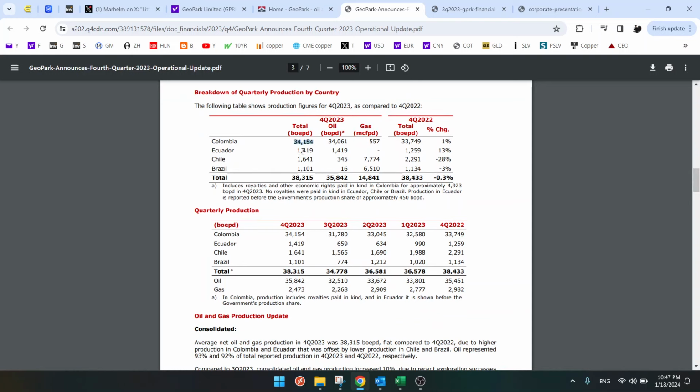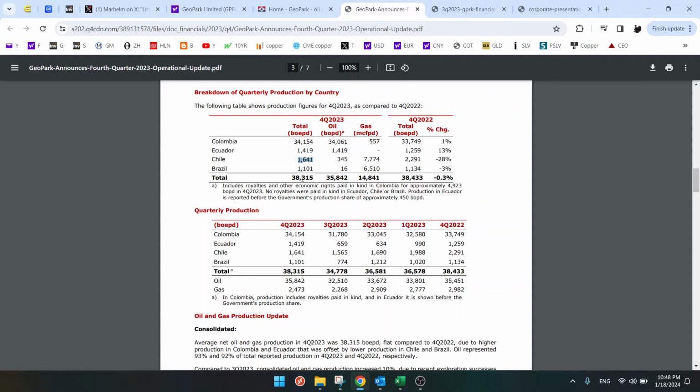Most of it is coming from Colombia, as you can see here, and most of it is oil. So that's easy. It's basically just oil. Some gas in Brazil and Chile, but yeah, most of it is oil.